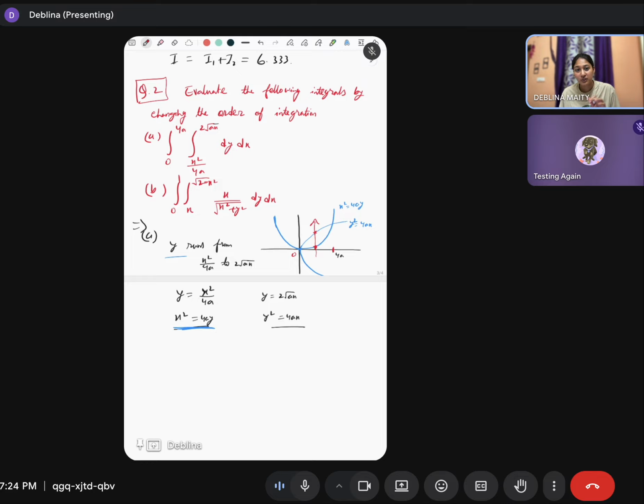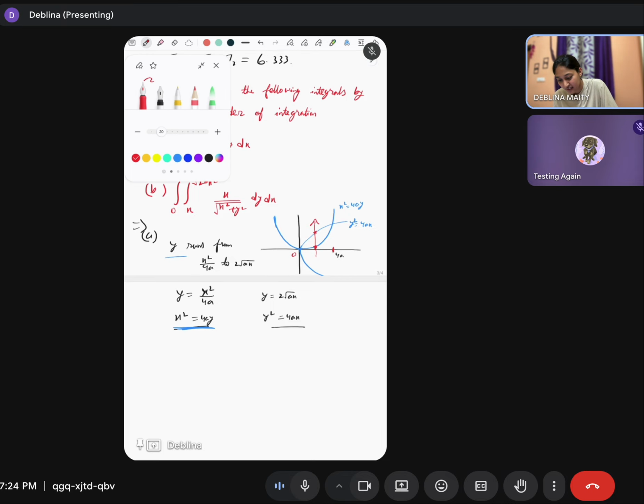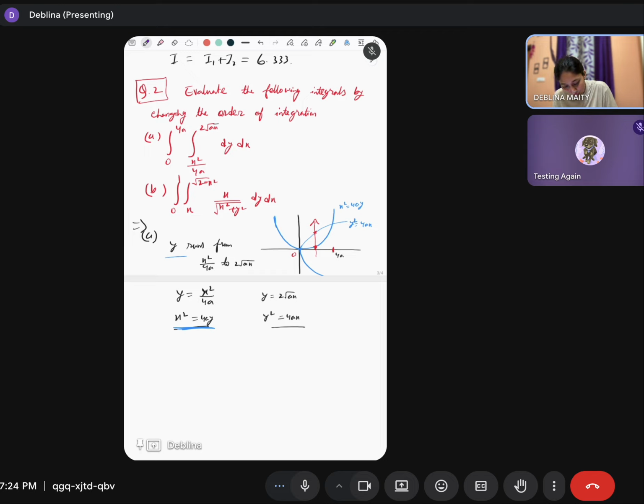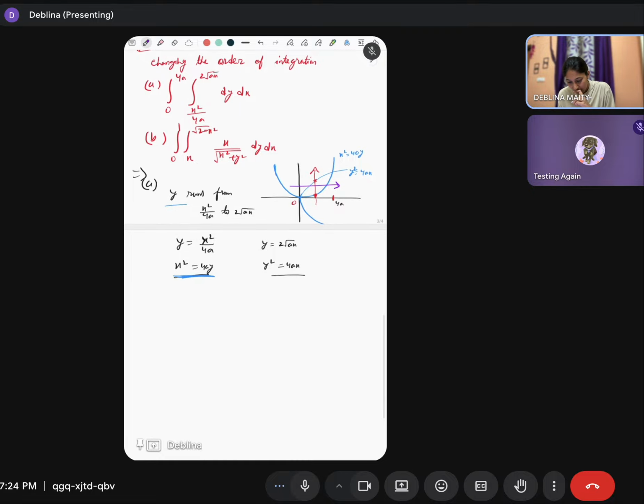So first we have to change it to the horizontal direction, which means this line we have to change. So we have to find out where x varies, from this point to this point.